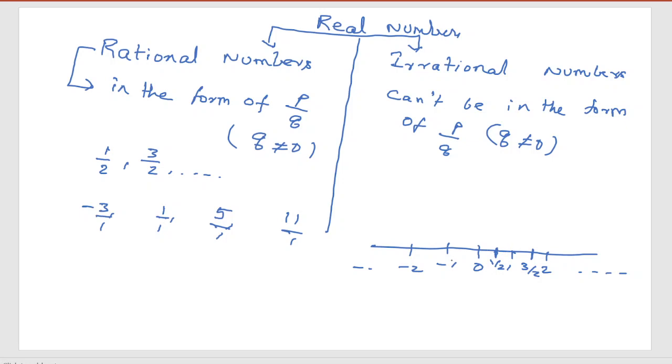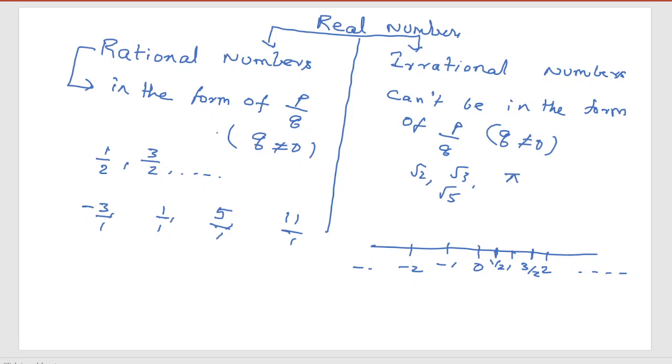The examples of irrational numbers are root 2, root 3, pi, and root 5. All these are irrational numbers.